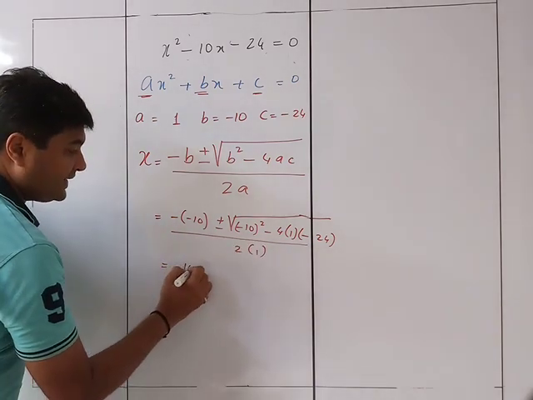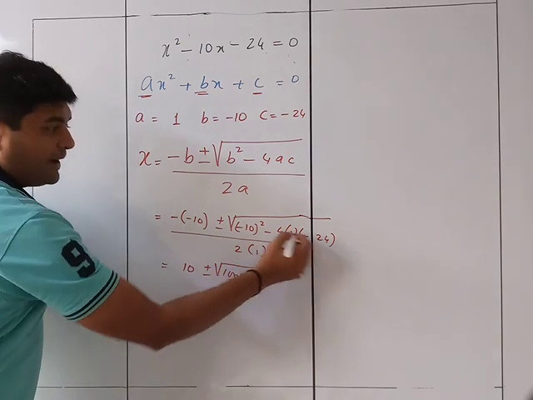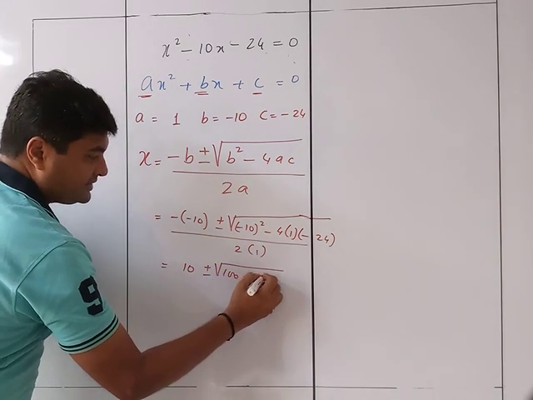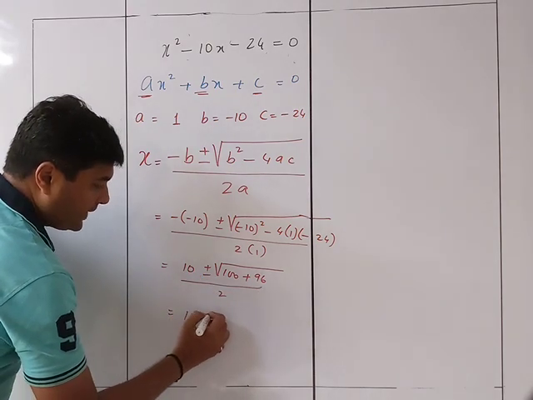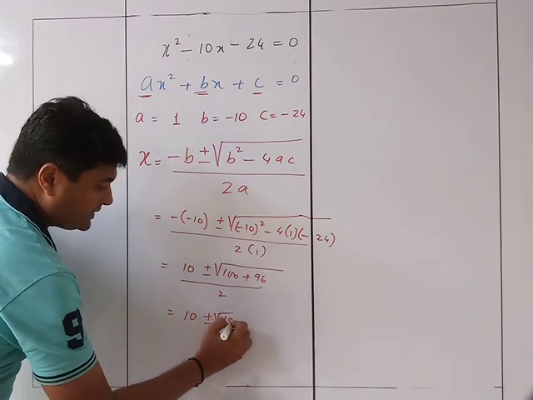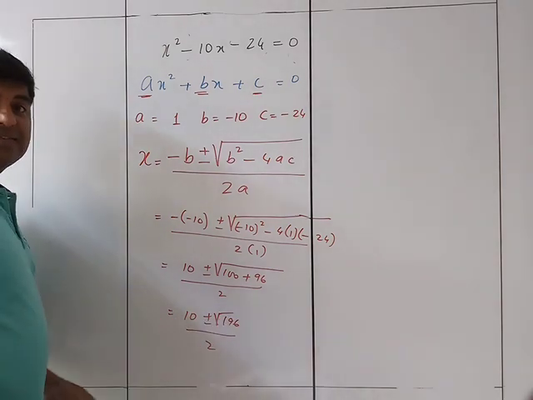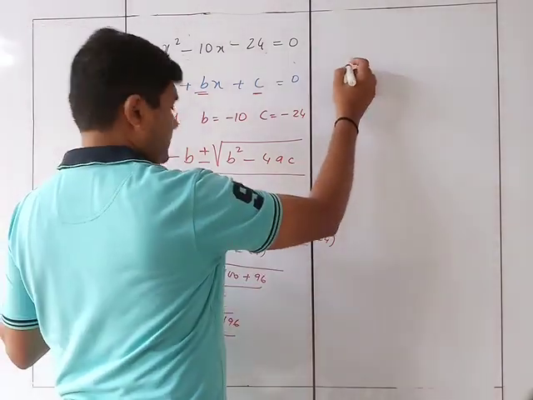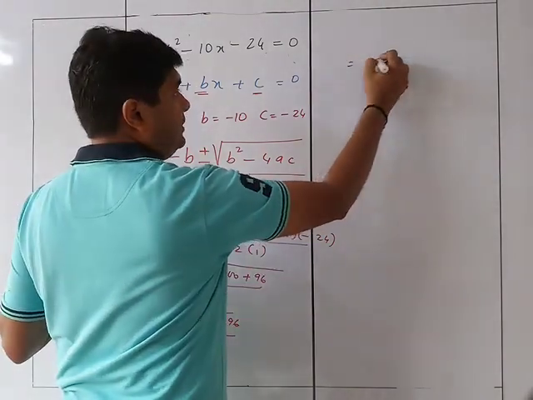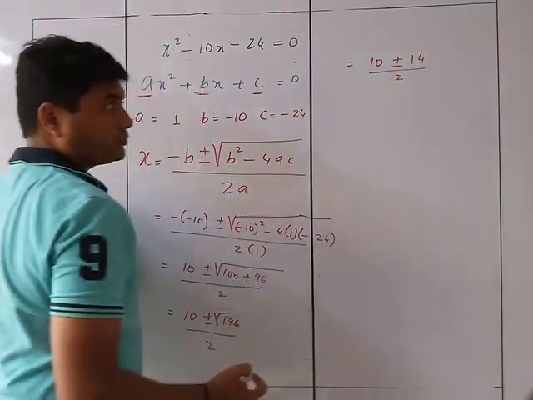That means 10 plus or minus root of 100 minus minus, so plus 96, upon 2. So it will be 10 plus or minus root of 196 upon 2. We know that 196 is the square of 14. Hence we get 10 plus or minus 14 upon 2.